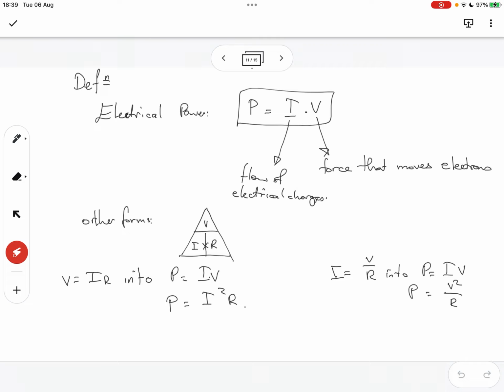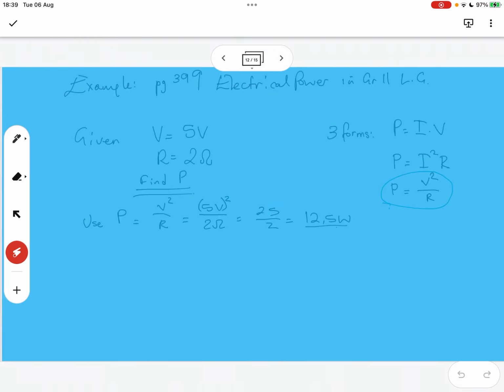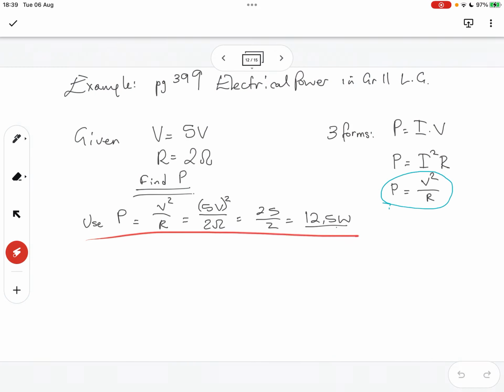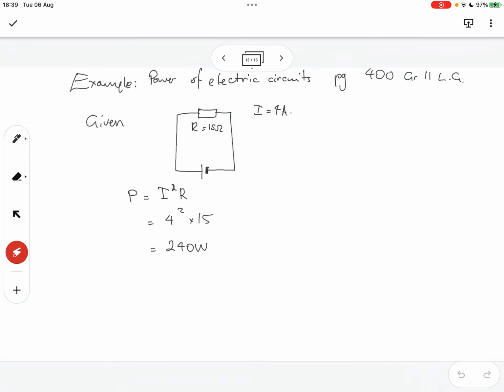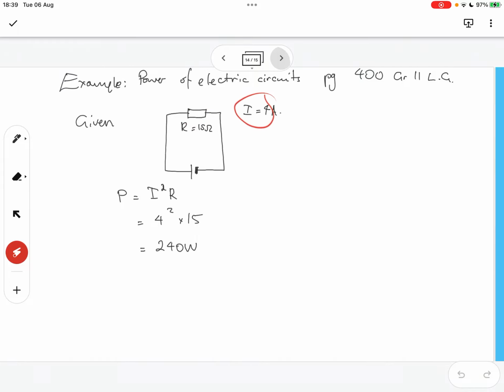Electrical power is the product of current and voltage, which, using Ohm's law, you can write in terms of either the square of the current or the square of the voltage. We applied that in calculations where we found the power rating of a resistor. We could also do that where we don't even have the voltage, but we've got the resistance and the current.